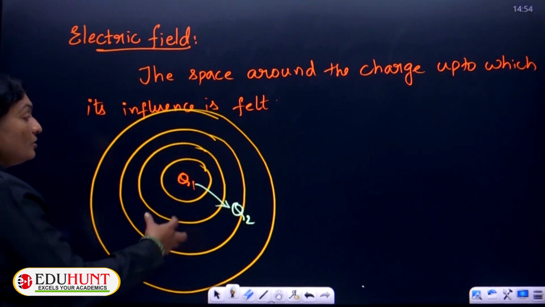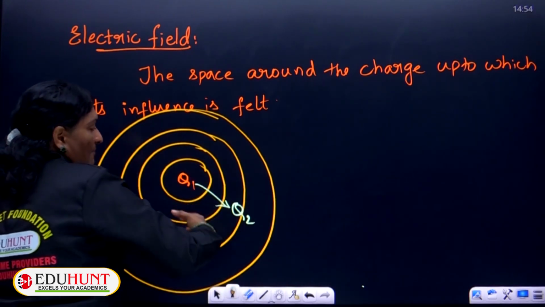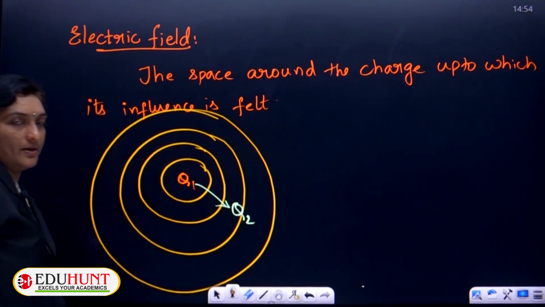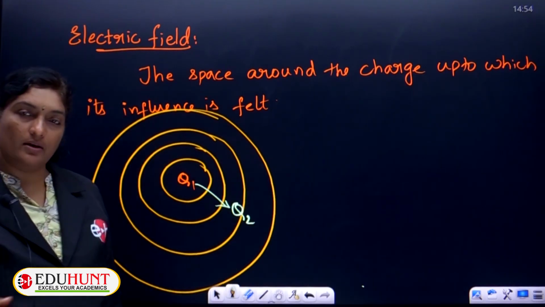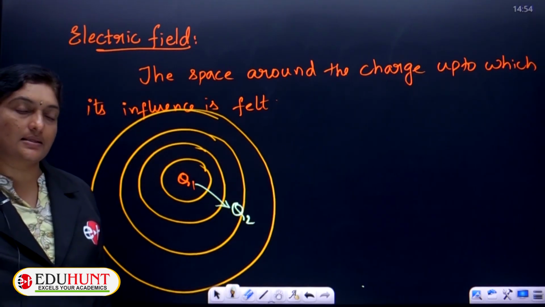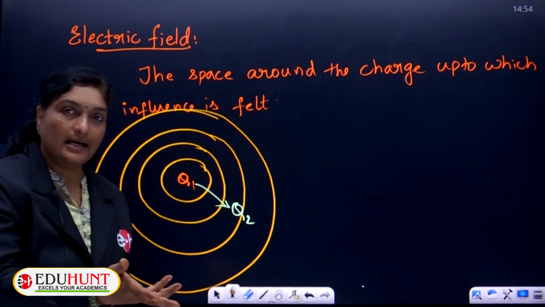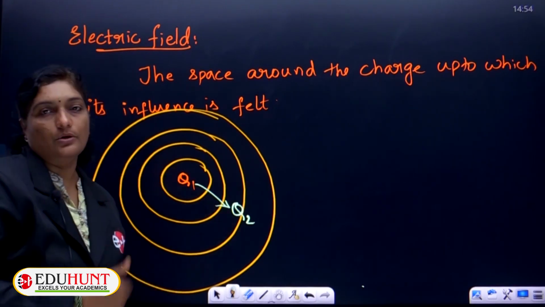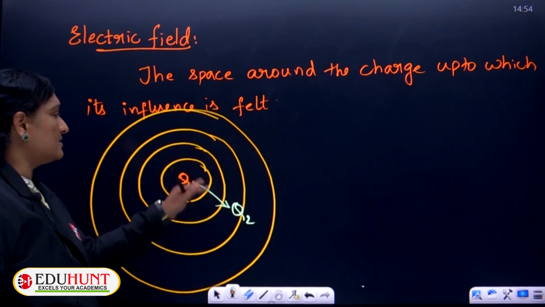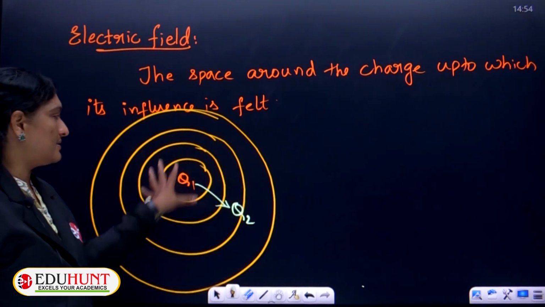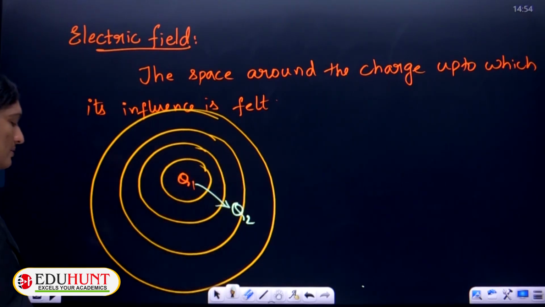Similarly, Q2 will experience some force due to Q1. Whenever the other charge is kept in the electric field generated by one charge, Q1 exerts some force on Q2.